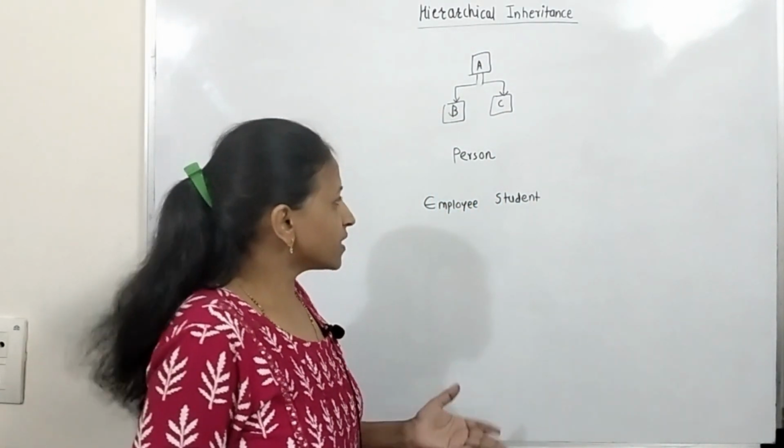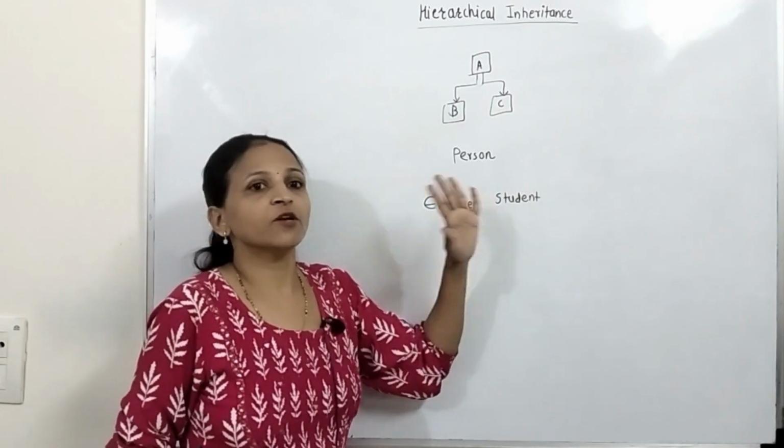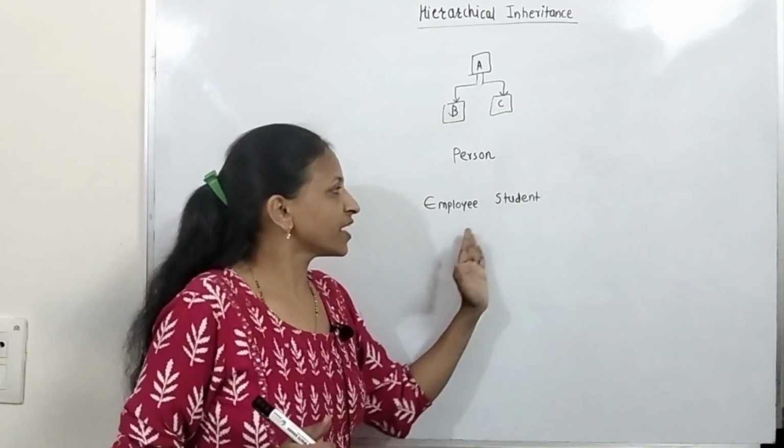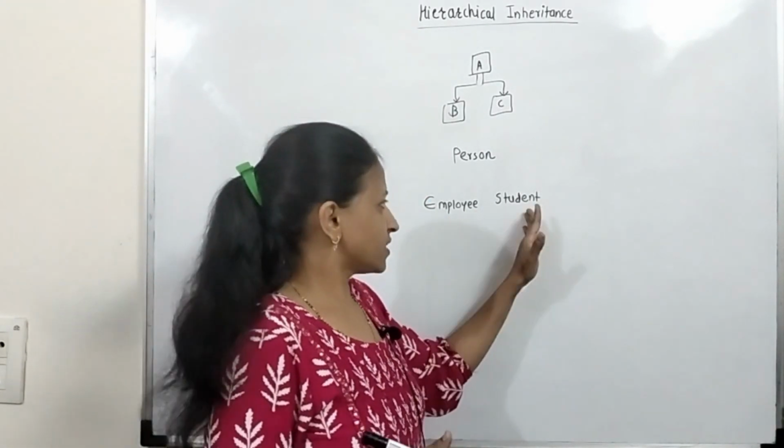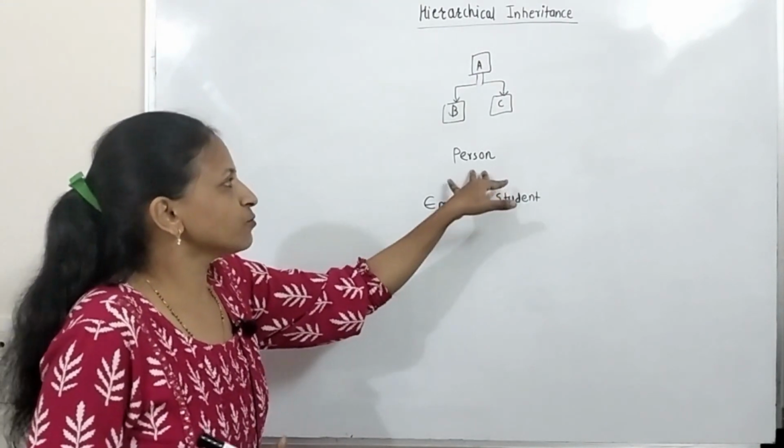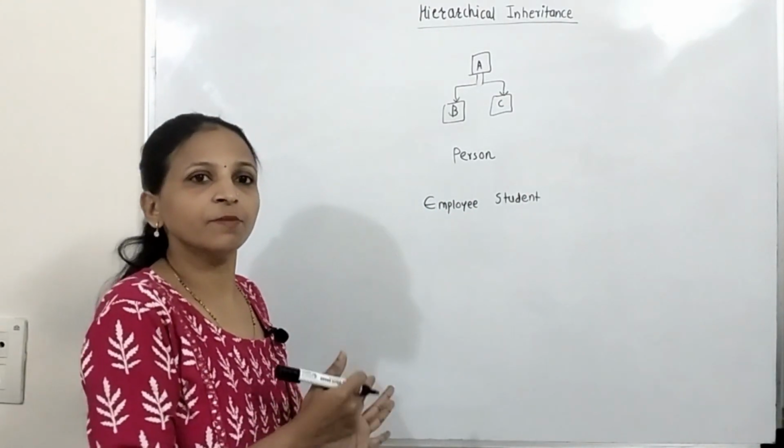These belong only to the student, not the employee, and we have to write those in their respective classes. But whatever common attributes there are, we can write here inside person.